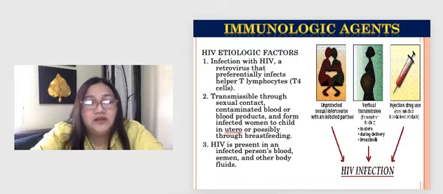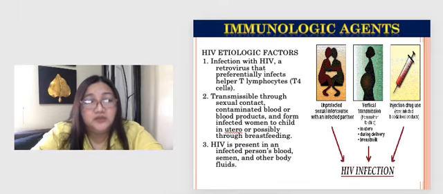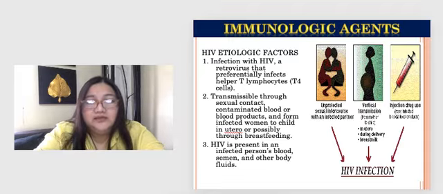Kaya meron ka nang immune deficiency or acquired immune deficiency syndrome because of the HIV. You can get this virus through sexual contact, blood products, pwede rin siyang mag-pass through the utero or through breastfeeding. Okay?